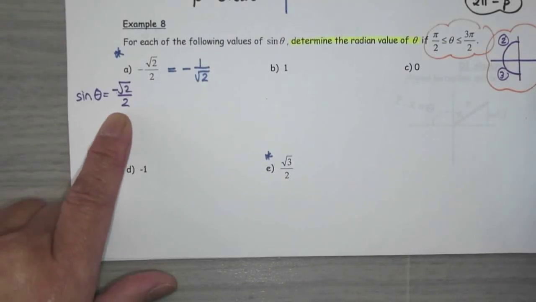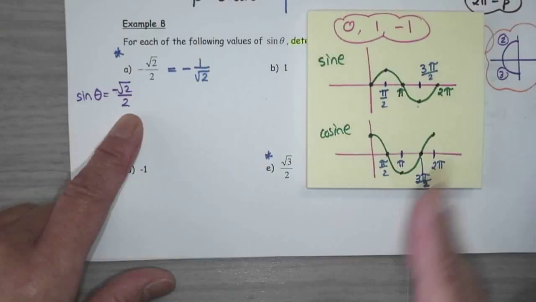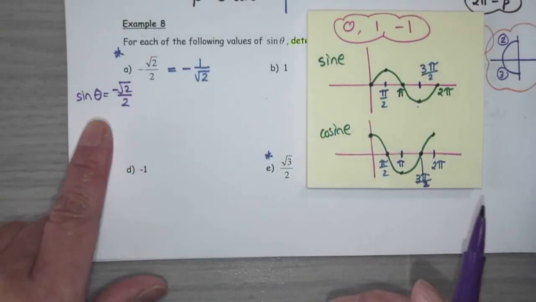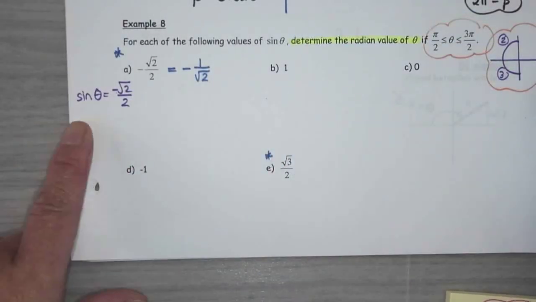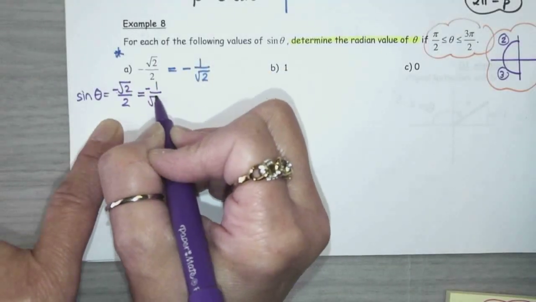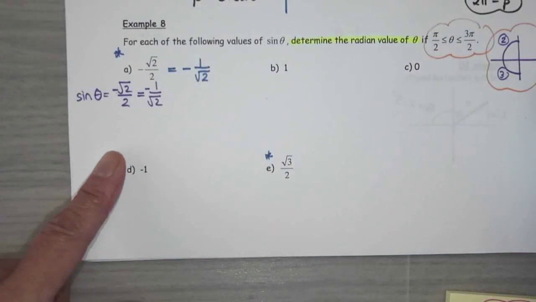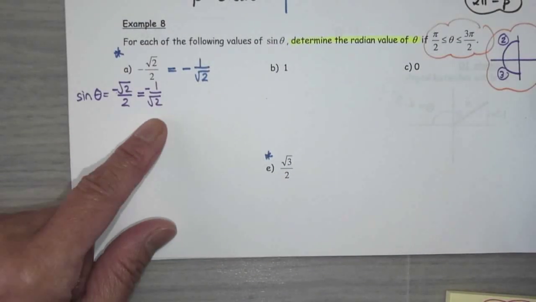Now, it's a special angle. That special angle, we can't use this. This is only for 0, 1s, and negative 1s. So here, you're supposed to recognize that this is the same thing as negative 1 over root 2. So I would unrationalize it. Okay, I know that's 1 over root 2. So what angle would that be?